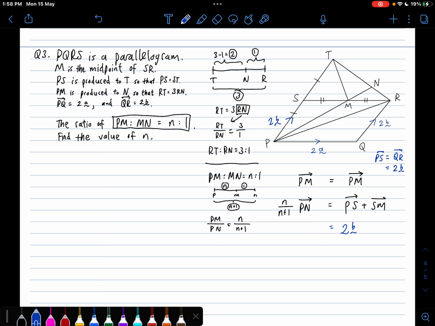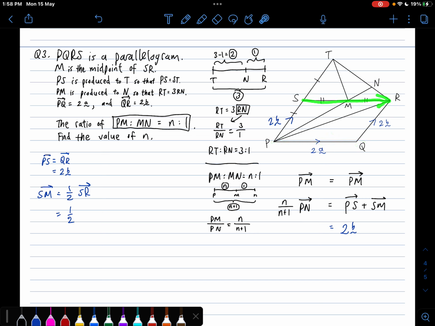How about SM? Because M is a midpoint of SR, SM will be half of SR. Can you see that? But wait, what's SR? Again, because of parallelograms, we know that opposite sides are equal. SR is equal to PQ in length, and they are pointing in the same direction, parallel to each other.